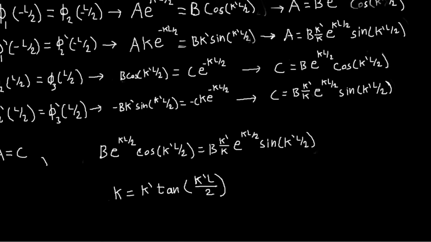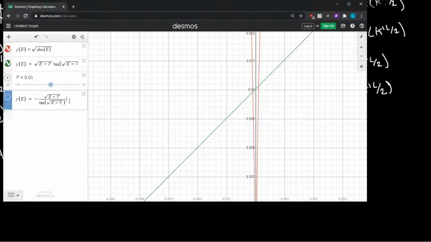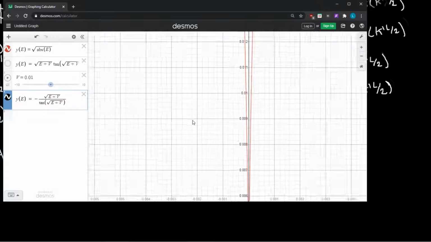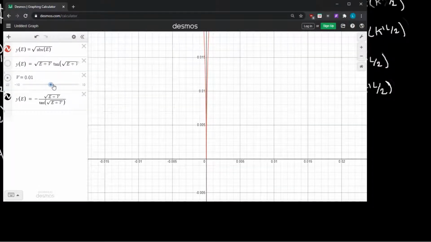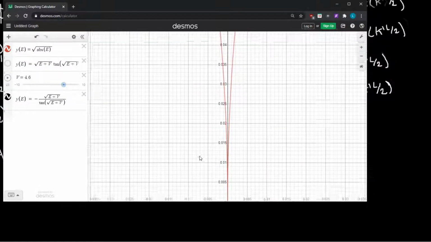That's what I've got here, the other transcendental equation. Instead of going as tangent of k prime, it goes as minus cotangent of k prime. So if I turn this one off and turn this one on, we'll have a similar kind of thing.